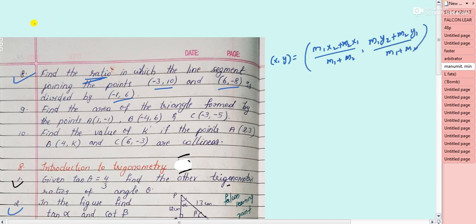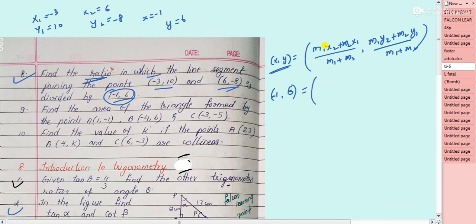So I will write again x1 y1. What is x1? I'll take this minus 3 comma 10. What is x2 y2? 6 comma minus 8, and it is divided by this point, means they have given xy, x is minus 1, y is 6. So just substitute. We don't know the value of m1, so we'll keep it as it is.